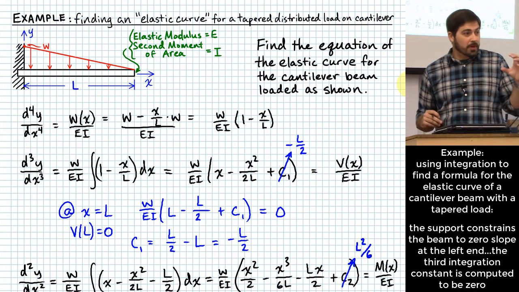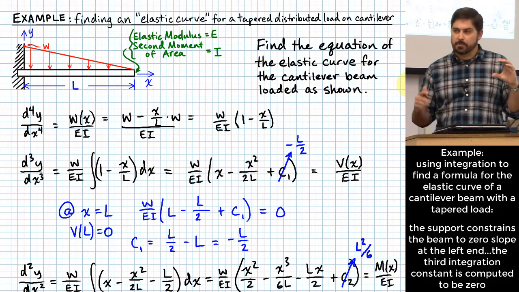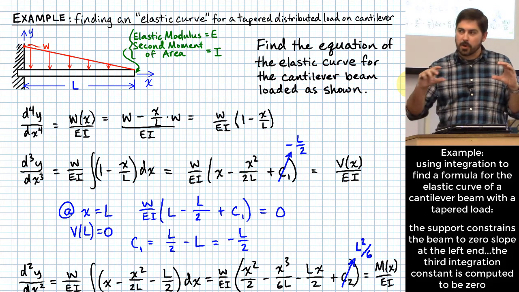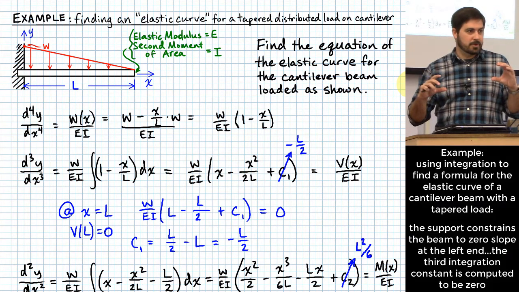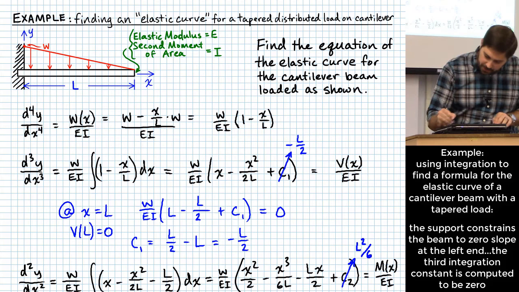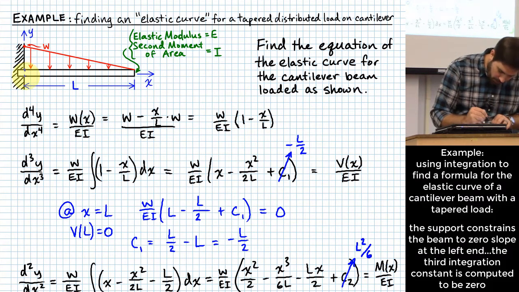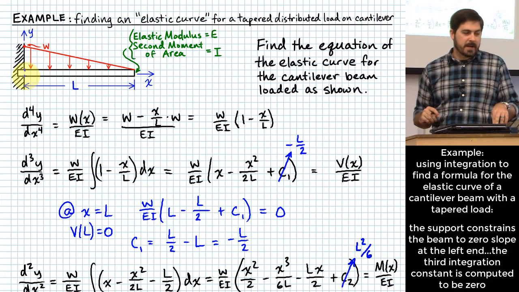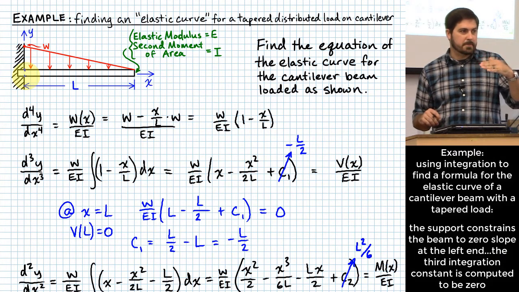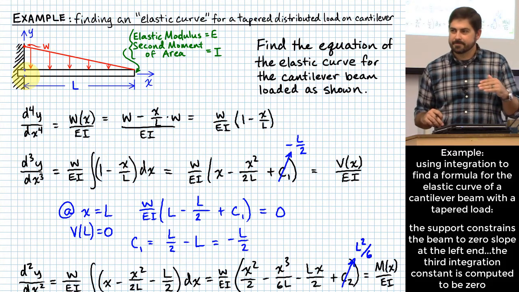Right where it comes out of the wall, we are constraining it from both translation and rotation, which means the piece of material that's just right there next to the wall, we haven't had any space yet to have any other slope but 0. It's going to be horizontal for this beam right there at that point.